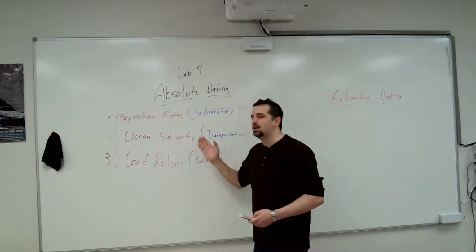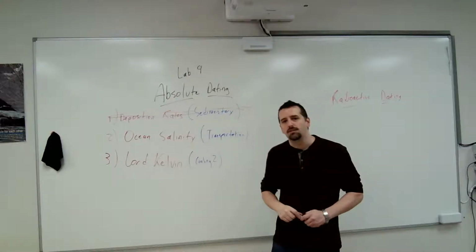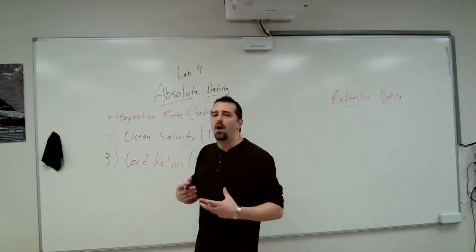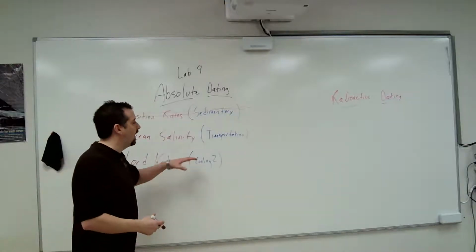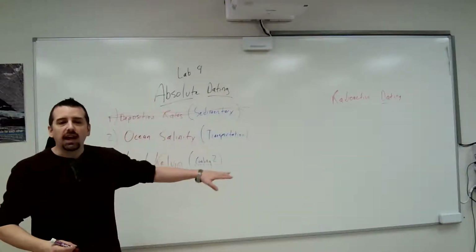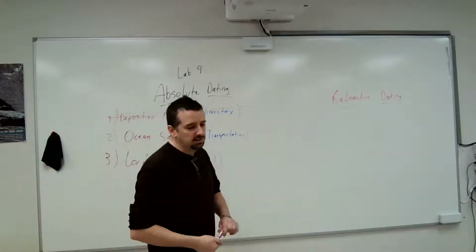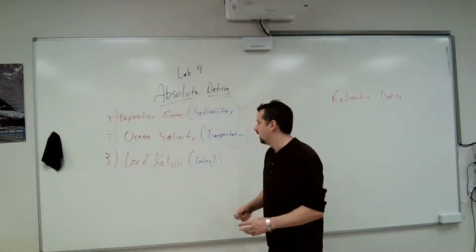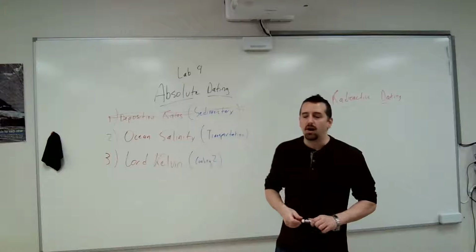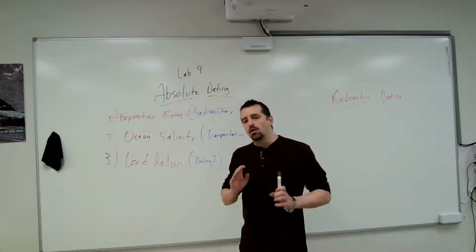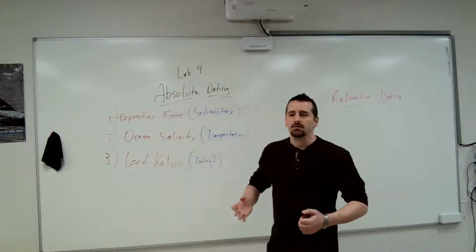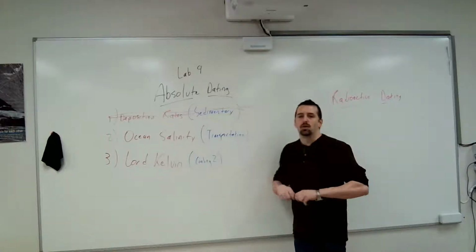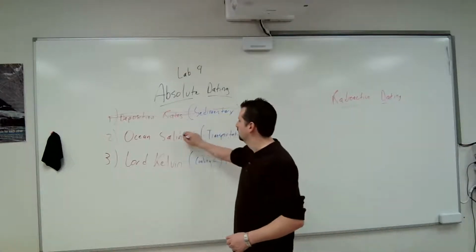The transportation of material, and scientists believed that if they could figure out the volume of salt in our oceans, then they could figure out the age of our oceans by determining the rate at which salt was added to them. But again, remember that there are no processes that are exactly constant, right? So that didn't work. Ocean salinity didn't work.